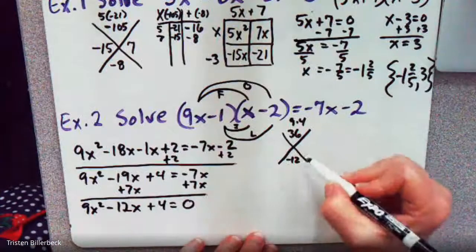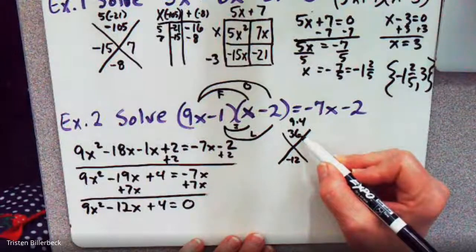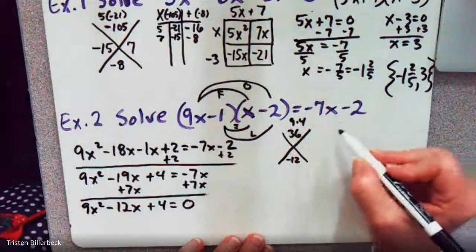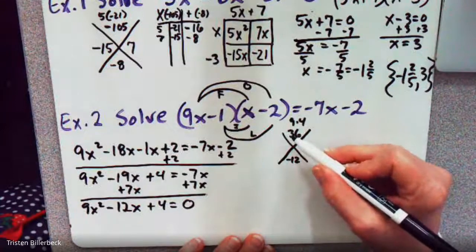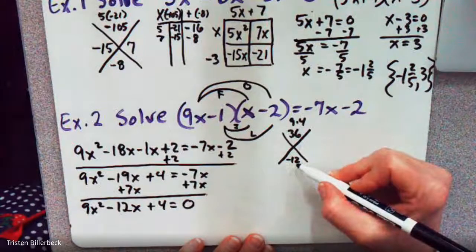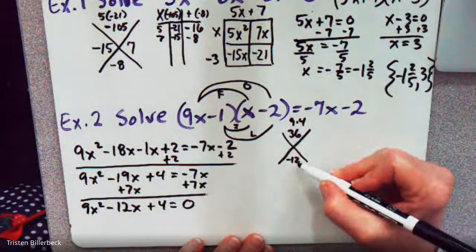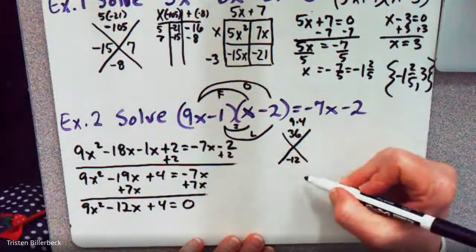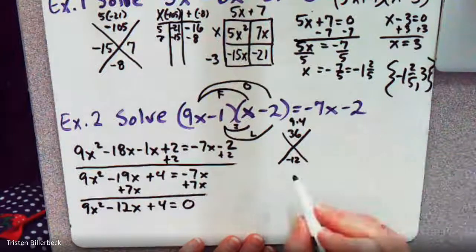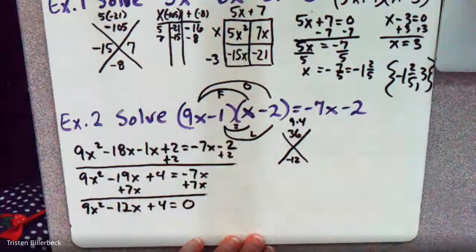So we look at what becomes 36 with multiplication, and this looks like it's going to be 2 negatives because that's a positive and this is a negative. So we have to think about what adds to be -12 and multiplies to be 36, but they're both going to be negative.